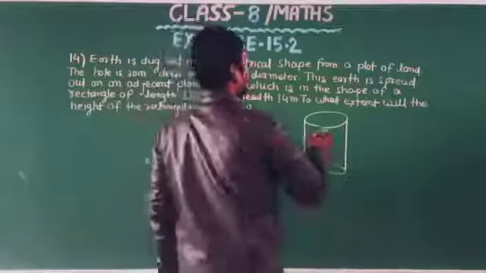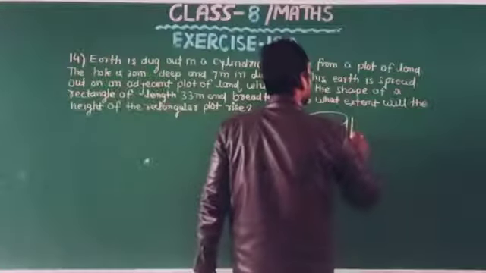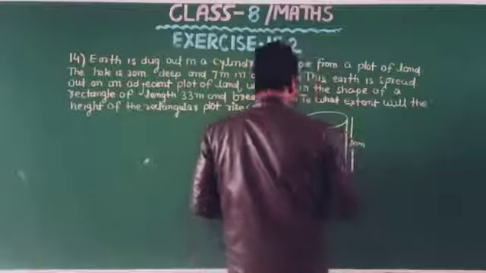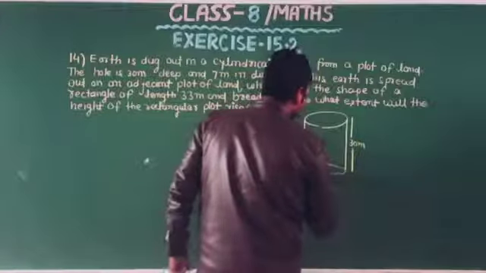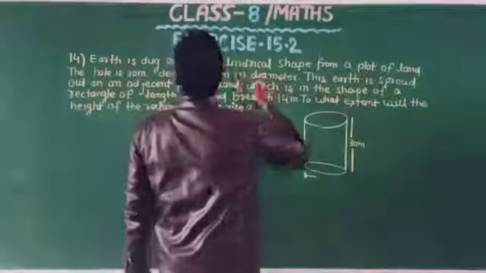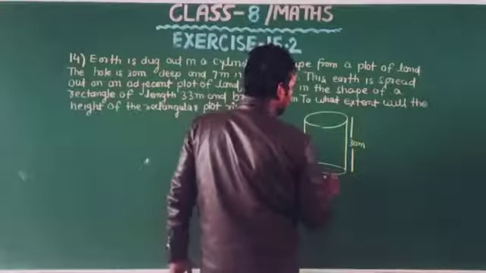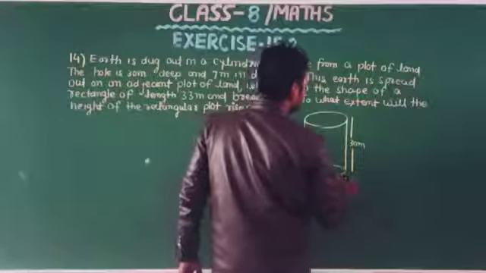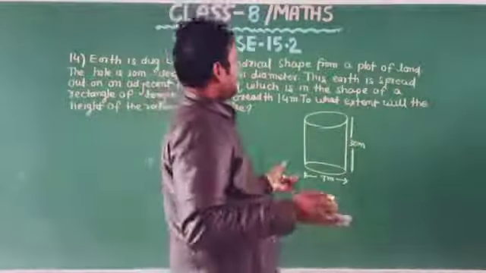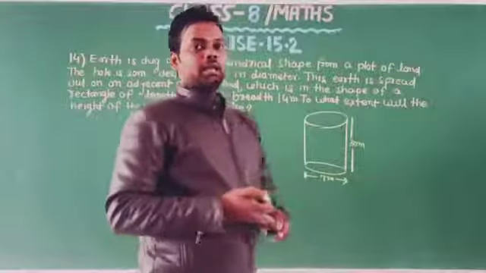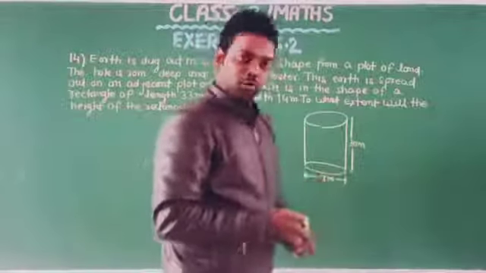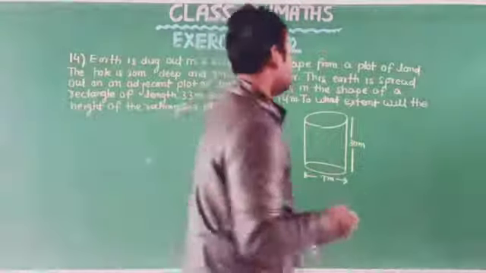The hole is 30 meter, so this is the height, and the diameter is given, which is 7 meter. The soil is spread in the adjacent plot in the form of a rectangle.